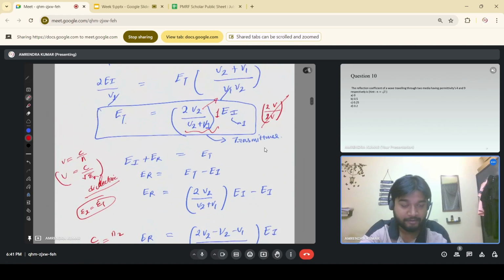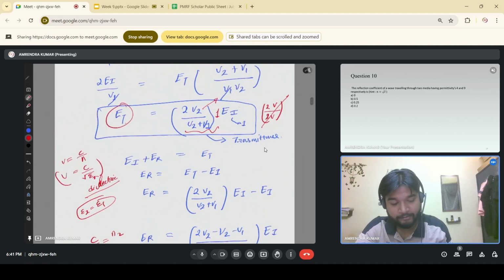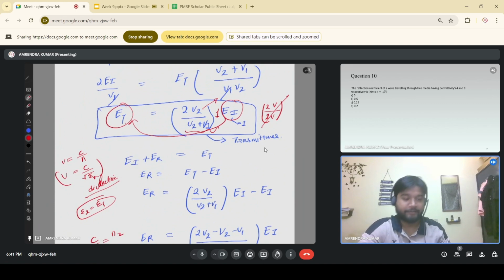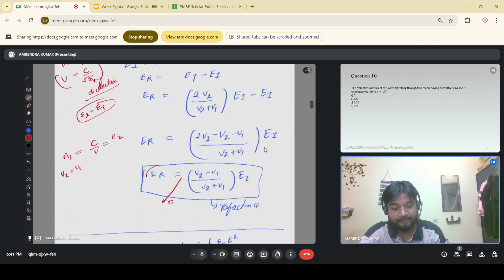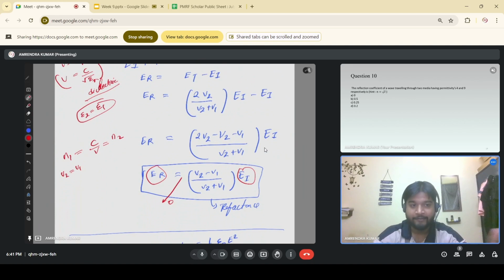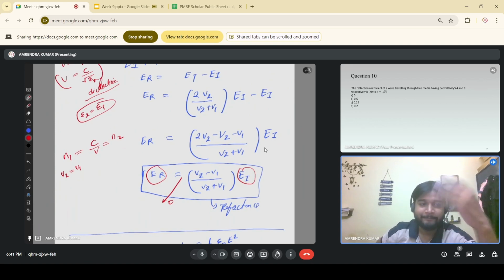That means all the amplitude that was incident is being transmitted in the forward direction. And here also, it's saying that all the amplitude that was incident is not reflecting, because the medium is the same on both sides of your conceptual boundary, because there is no actual boundary between the same media, right?